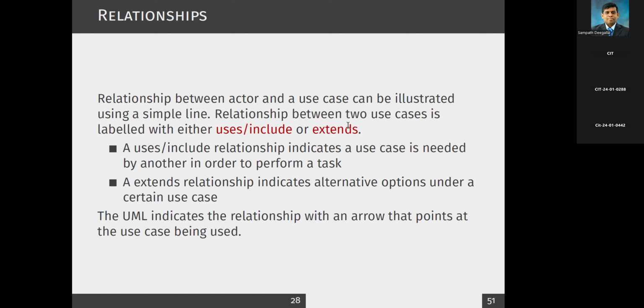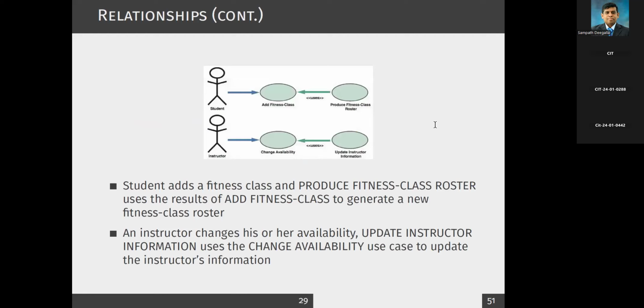When you say extend, there are some alternative options. As I explained earlier, if you use an arrow, you can show the direction. We can indicate which use case is being used with this.